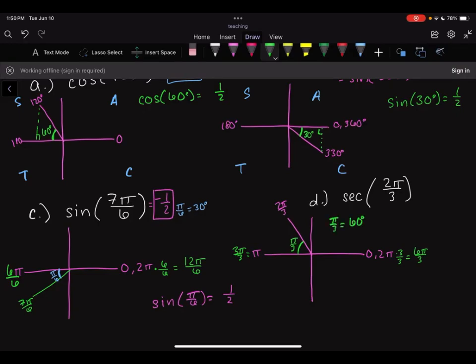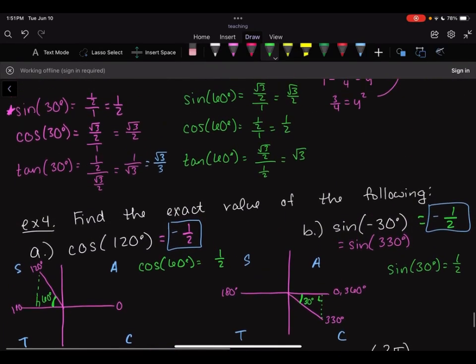Now this one's a little tricky because it's asking about secant. So we want to think, okay, I don't know secant by heart. But I do know that secant is just the opposite of cosine. So if I come up here and I think about what is cosine of pi over 3 or cosine of 60, I get 1 over 2.